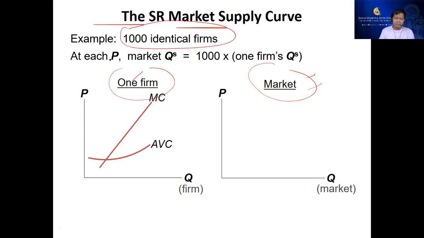For example, at its P, at QS. Okay. So parehas lang ang price, ang price set at P1. Okay. So dili man gyud mausab ang price because this is the MC. The MC equals P equals AVC, no?